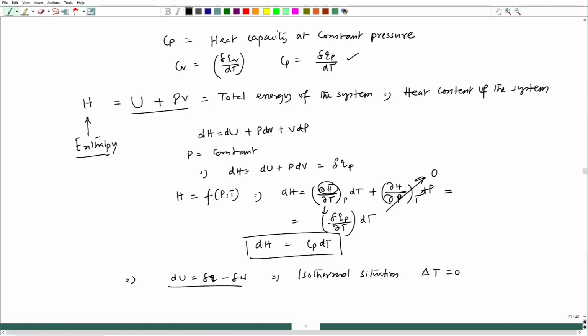So, this is the situation. Now, we know del U equal to Cv dT, so this goes to 0.